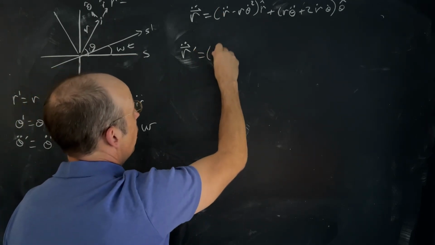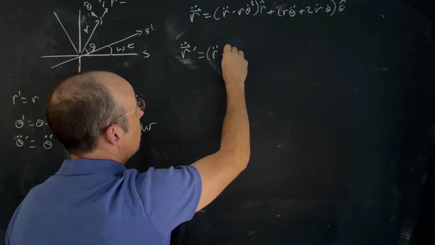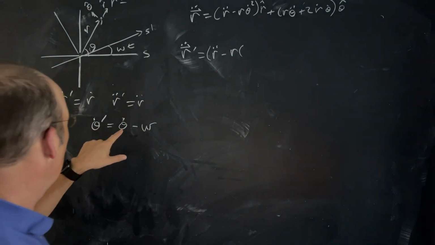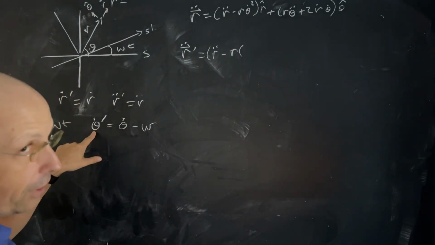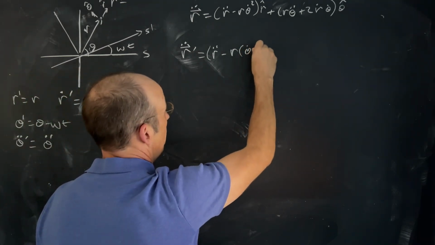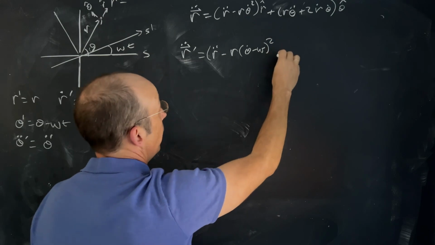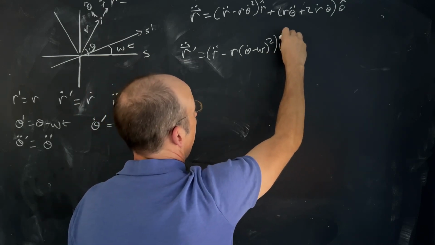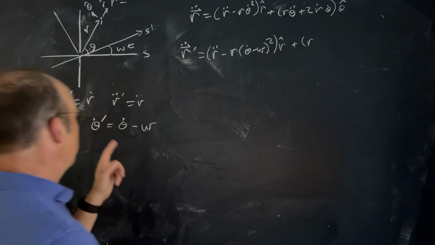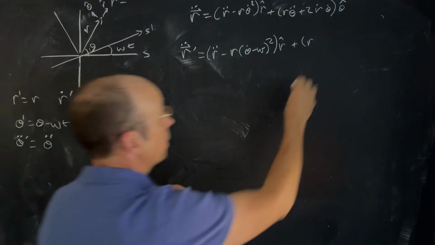Okay, so I get r double dot minus r, and then I have theta dot squared, so I need to put in, I'm really doing it in the prime system, theta dot minus omega, quantity squared, r hat, plus r theta double dot, which is just the same thing. I don't need to replace that.